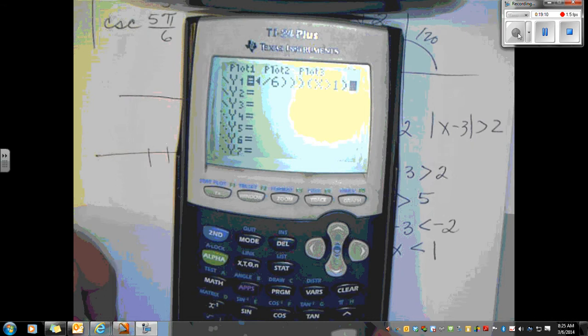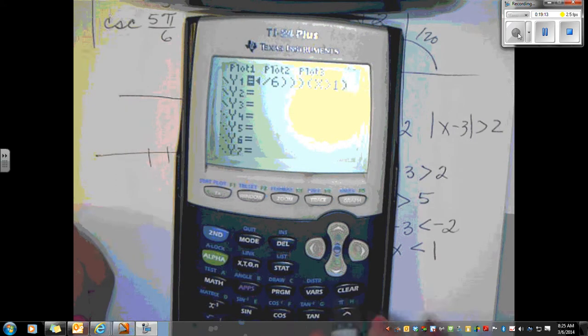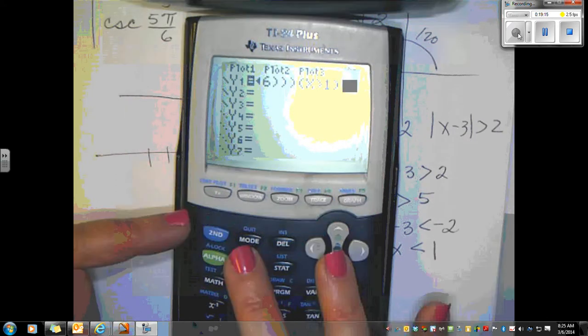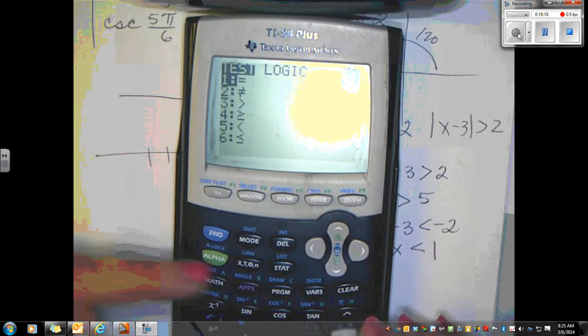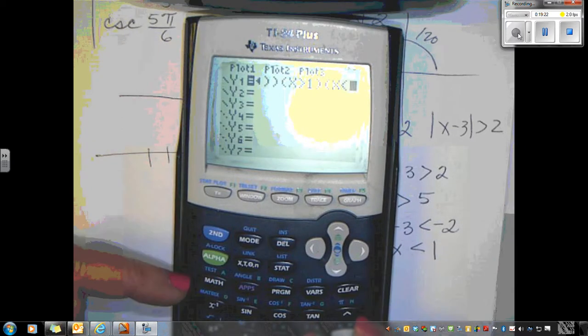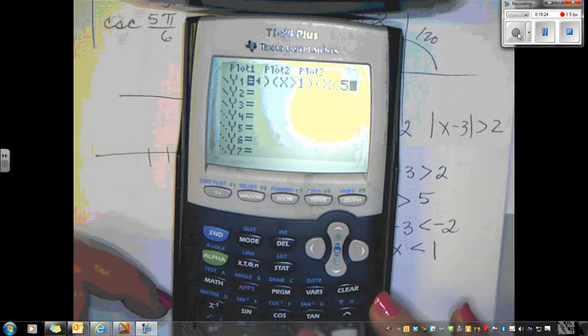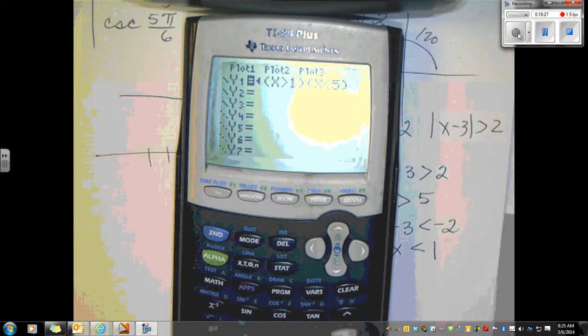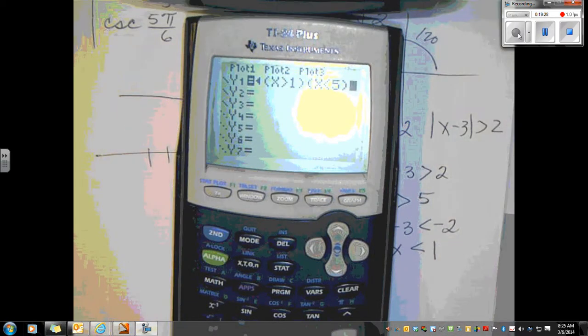And then we put another set of parentheses and put x, second math, less than 5, parentheses. Now, x is bigger than 1, and x is less than 5.